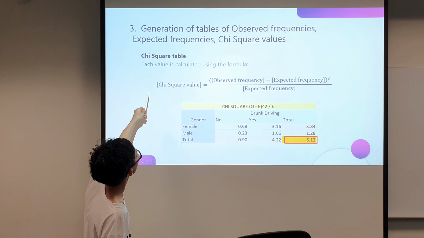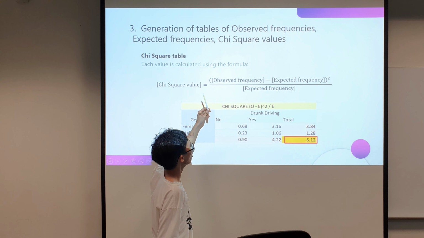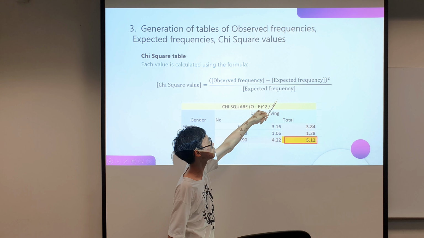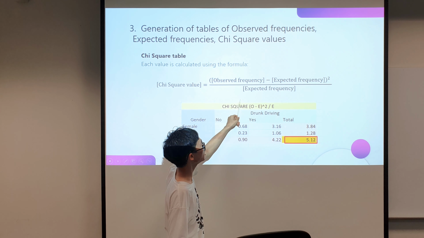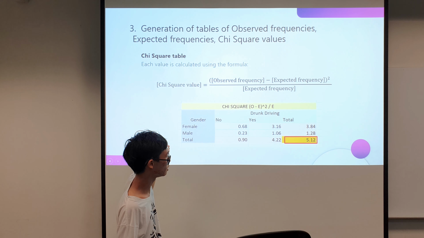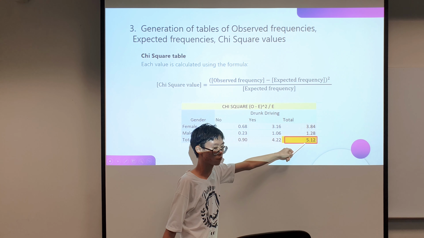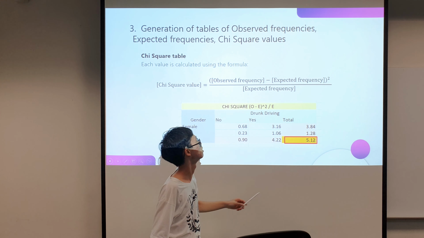For the chi-square table, each chi-square value is calculated with the same formula of observed frequency minus expected frequency, the whole thing squared, divided by the expected frequency. For this particular distribution, we find out that our chi-square test statistic is 5.12.